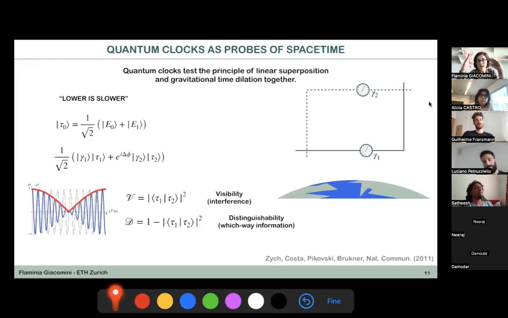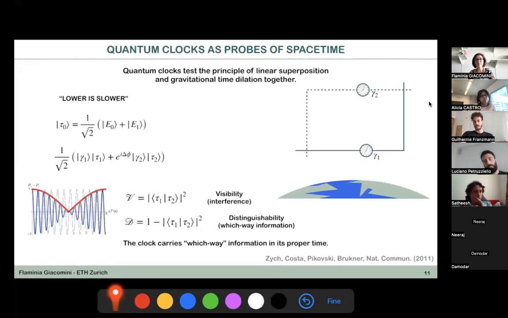So even though I had tried to forget which way information, because I'm recombining the two paths, I still have some information about where the clock has been that is encoded in the internal degrees of freedom of this clock. So the take-home message is that the clock carries which way information in its proper time.